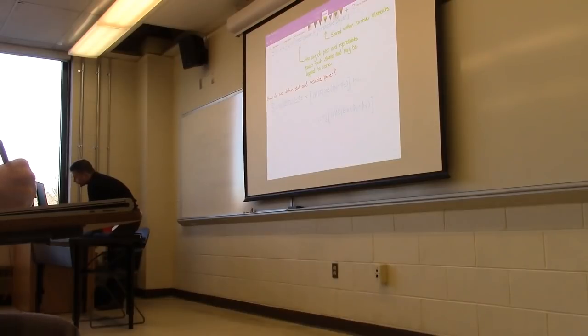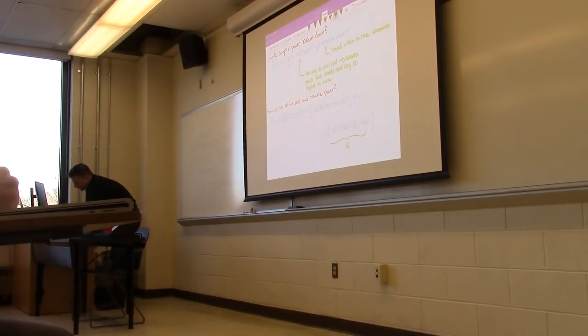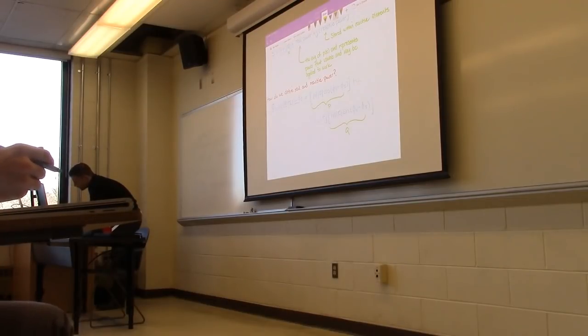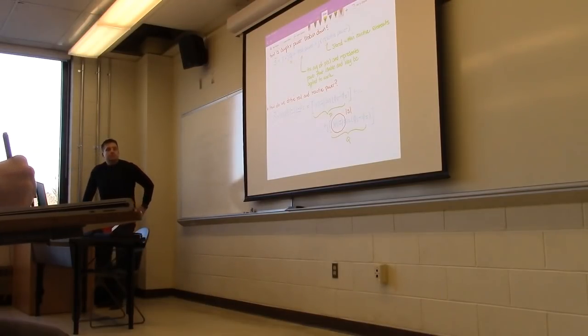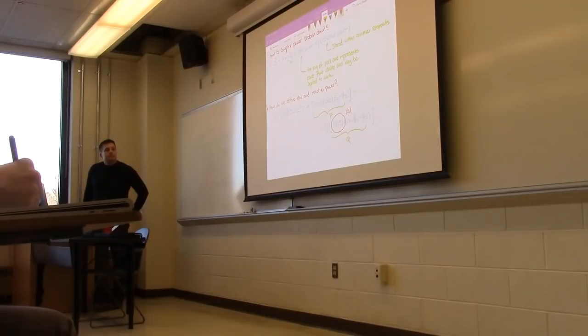So this is Q, the same Q we have here, and this is P. And this little piece here is the magnitude of S. And as before, magnitude V, magnitude I are the RMS values.